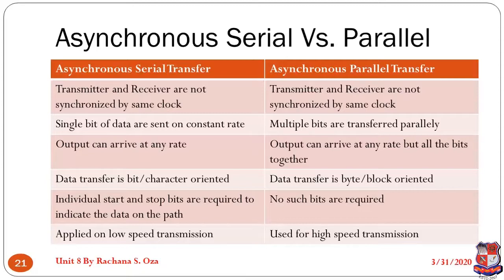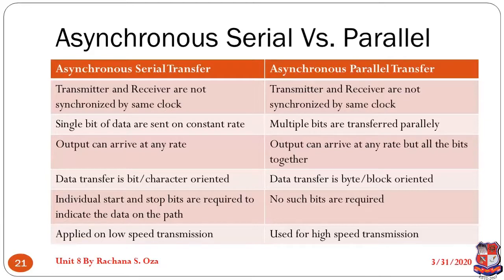In serial transmission, you need to send data beat, mind my words, data beat, a character at a time, at a constant rate. While in asynchronous parallel, we can transmit multiple data beats in parallel.